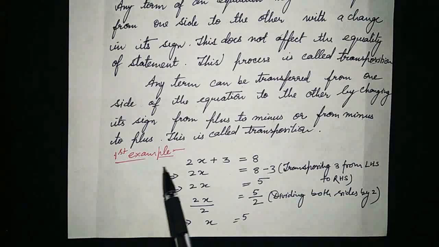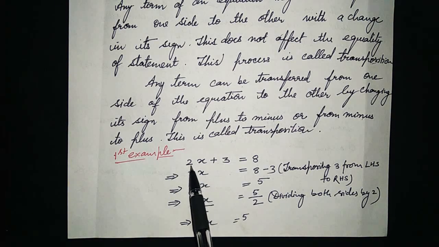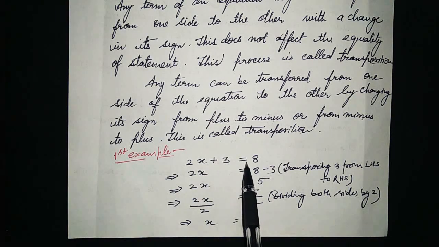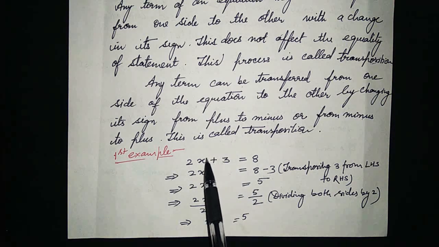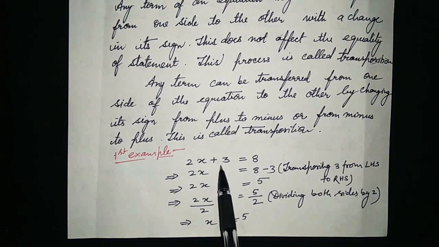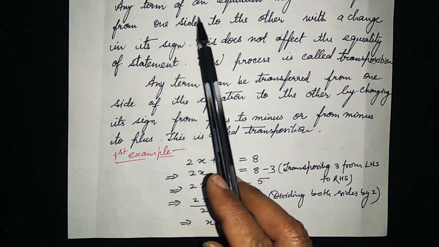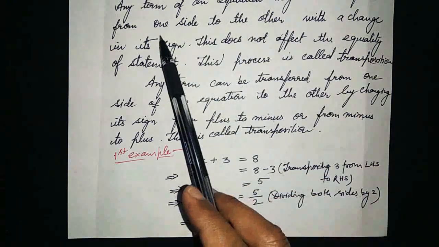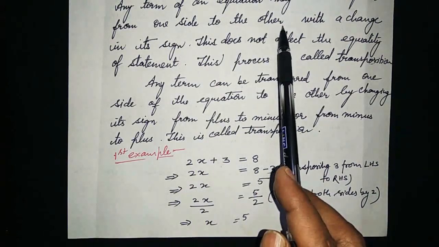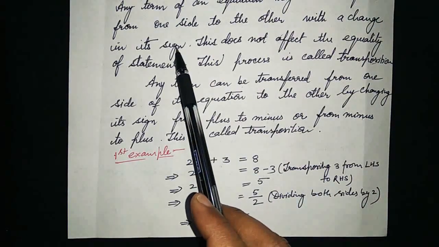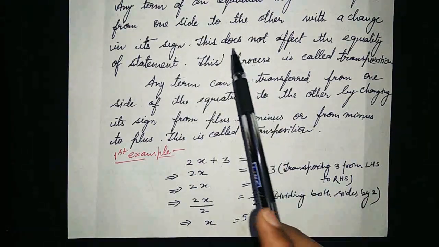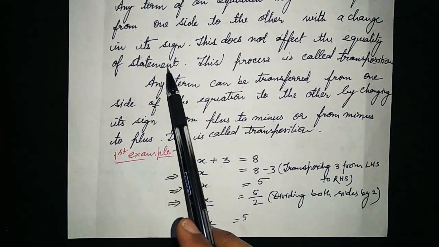You see the first example. Here 2x plus 3 is equal to 8. Here we will transpose plus 3. Just now you have seen in the definition, any term of an equation may be taken from one side to the other with a change in its sign, and this does not affect the equality of a statement.